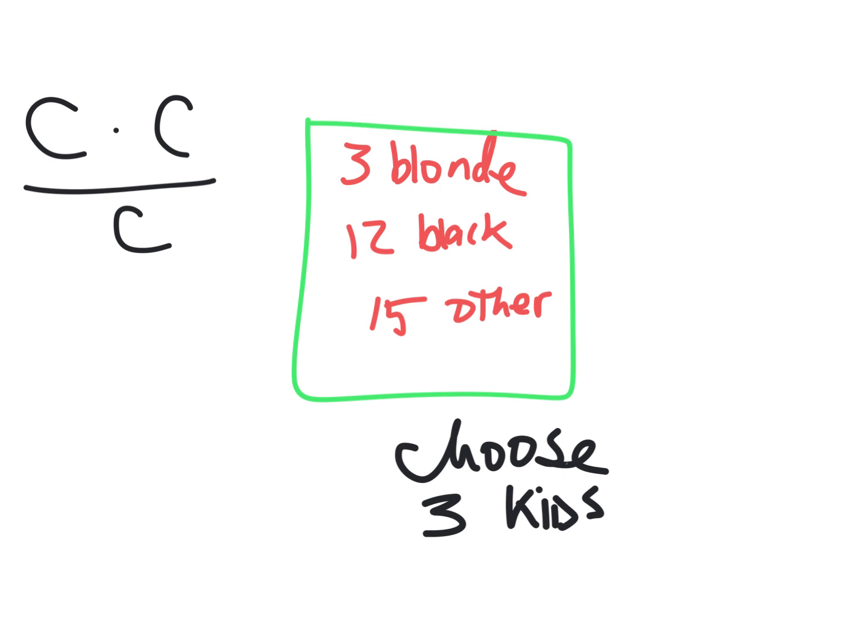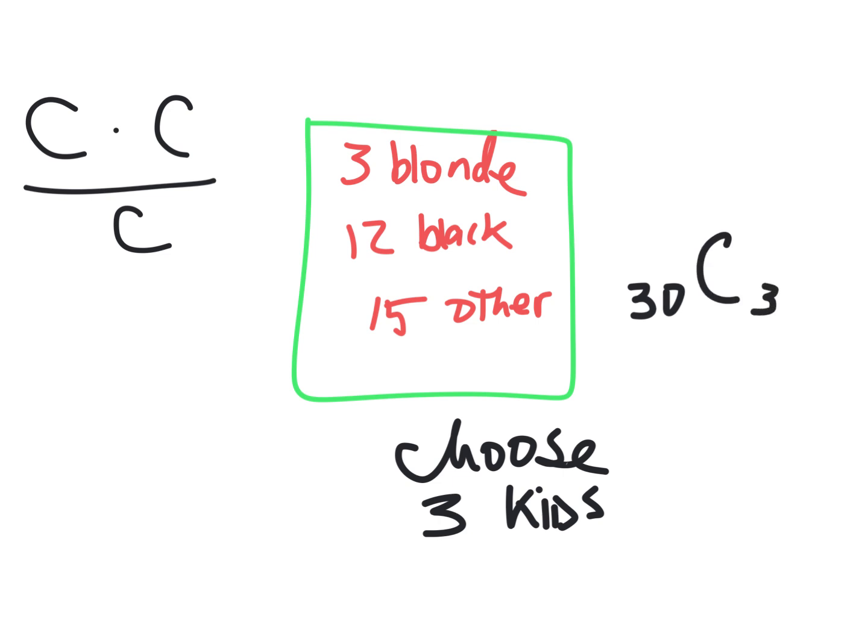Would you please write down what you think you should do? I just want you to tell me, what should you do? Well, if you've added them up by now, you know that there is 30 kids. 30C3. Don't overthink it. I just said choose 3 kids.